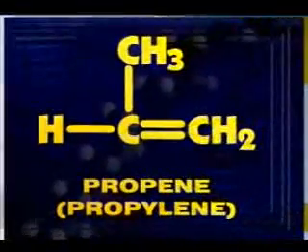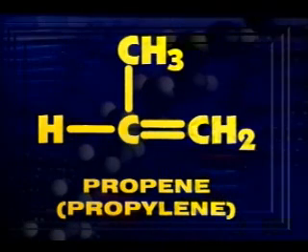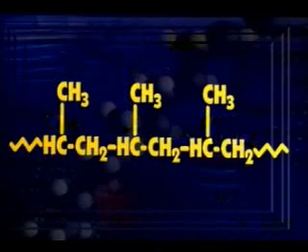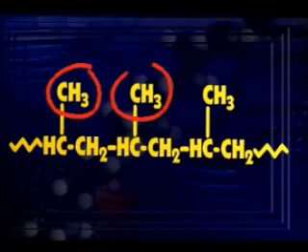So, using polyethylene as an example, we have seen the enormous difference between the properties of the monomer, ethylene, and the polymer, polyethylene. Let us look at another alkene that is also a gas at room temperature, propene or propylene, with 3 carbons and 1 double bond. The structure of polypropylene is very similar to polyethylene, except for a methyl group that sticks out of the main carbon chain.